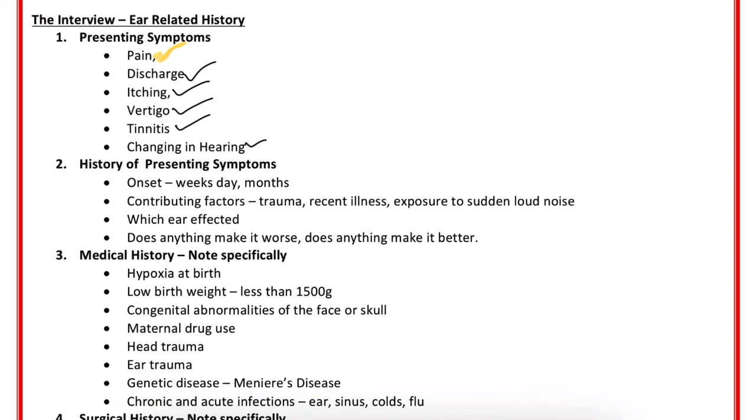Next is the history of presenting illness, which is very important for diagnosing any ear condition. Here we go a little deeper. If a patient comes with, for example, ear pain, first we ask about onset: sudden or gradual, weeks, days or months. Then we ask about duration and the nature of the pain, its characteristics: sharp, dull, or throbbing.